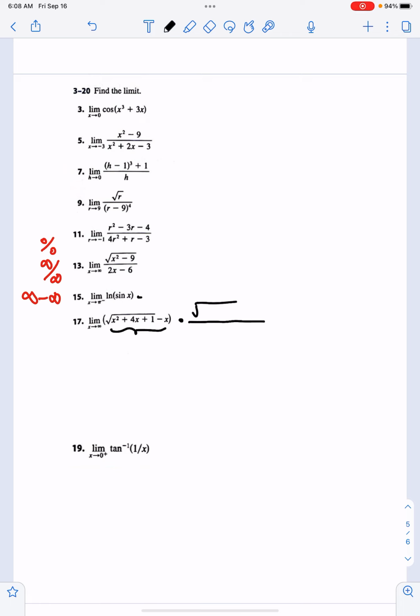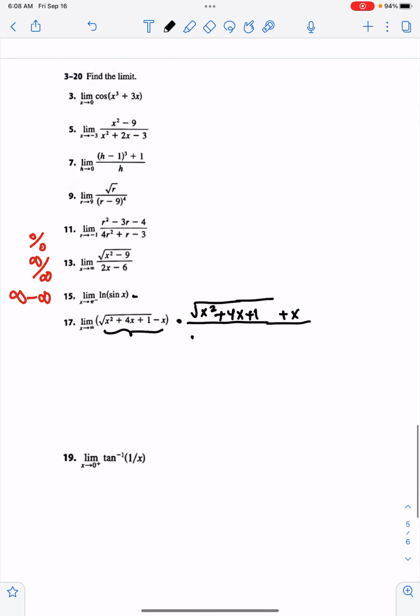So you would have radical x squared plus 4x plus 1, this time plus x, over the same thing at the bottom, x squared plus 4x plus 1 plus x. So we turn this minus to a plus. Okay, now I'm going to give this one a denominator of 1.